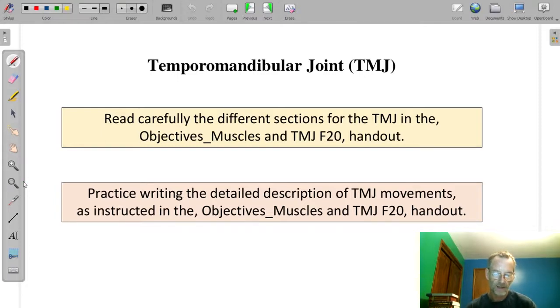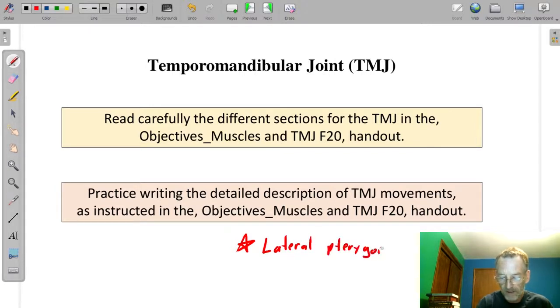And this will include the lateral pterygoids, so you should focus on the lateral pterygoids when you're discussing the TMJ.